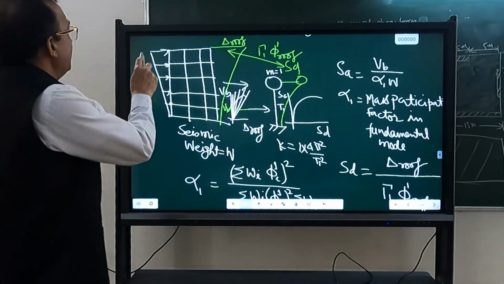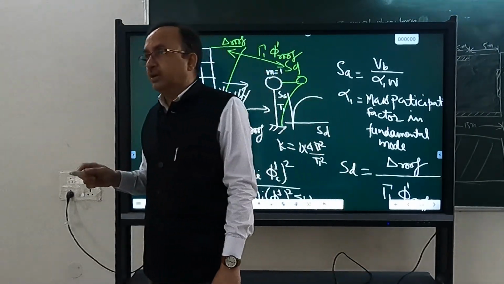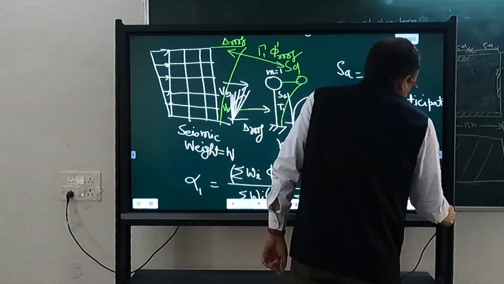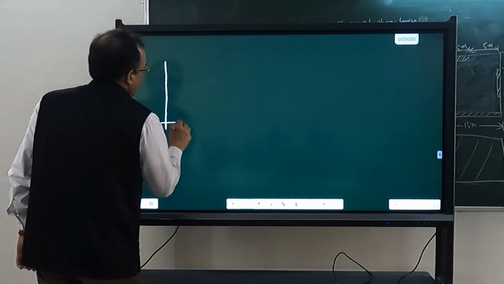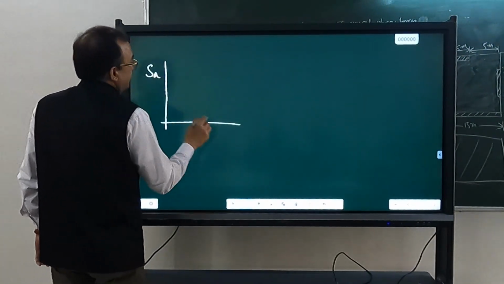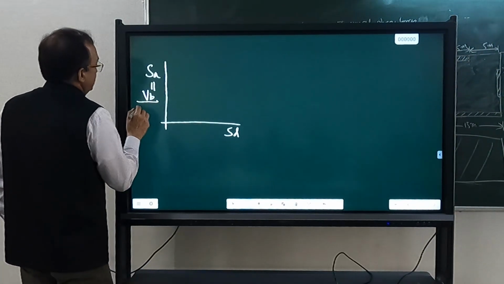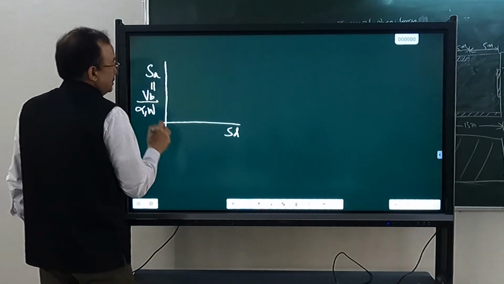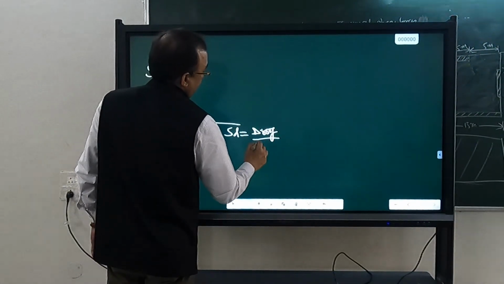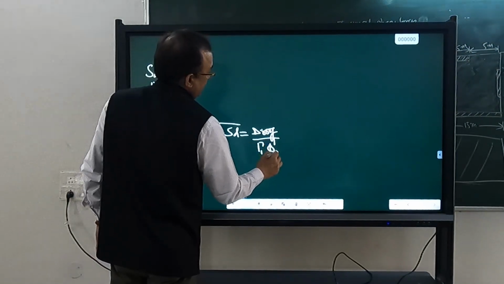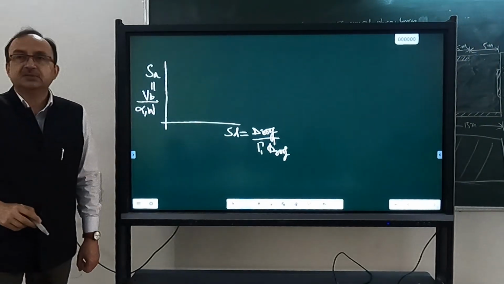So when we convert the multi-story building into an equivalent single degree freedom system, we can get the capacity curve in terms of SA versus SD, because SA is nothing but V by alpha 1 W and SD is nothing but delta roof divided by gamma 1 phi 1 roof.